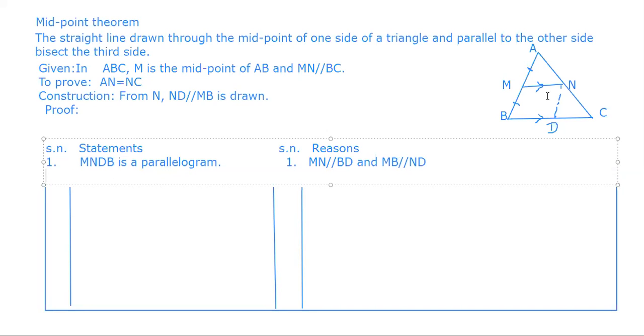Now, if it is so, we can write MB and ND are equal because opposite sides of a parallelogram are equal.